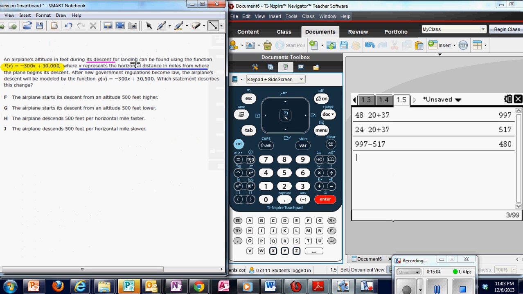So where it starts before it starts going down. Okay, the distance from where it lands on the ground, not the distance above, the distance horizontally from where it lands.